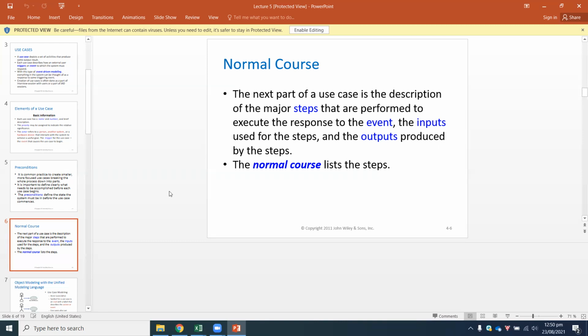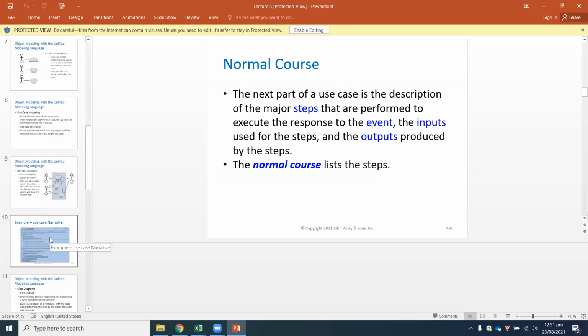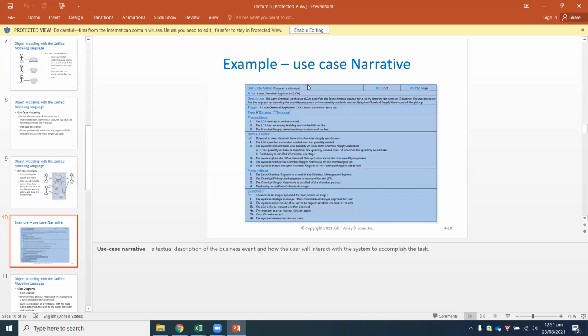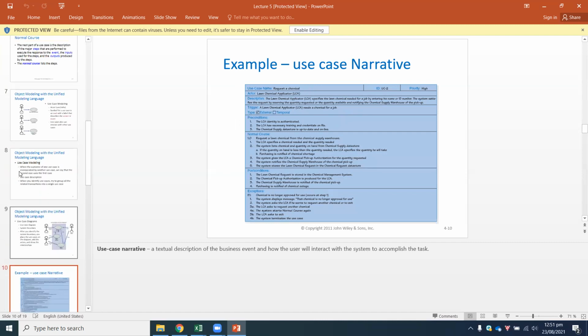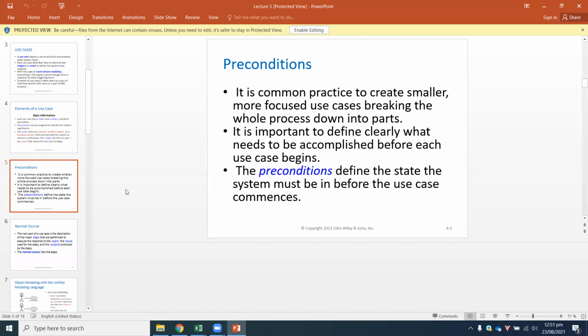So when you talk about the normal course, it basically lists down all the steps that a system will do. If I go ahead a few slides, this is an example of your normal course, and it uses narratives to do this. Okay, so don't worry too much about it. Let's just hop in here, and once we go to the next set of slides, then I will explain more about it.